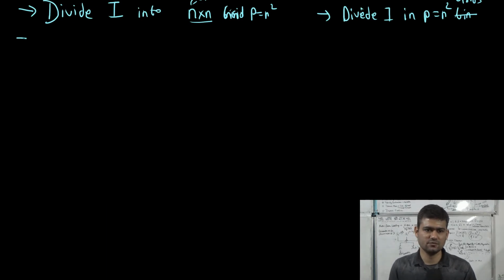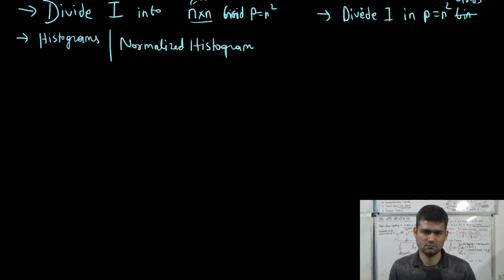Then the next step is we compute the histograms, or directly the normalized histograms in this case. In CLAHE, we compute the histograms.